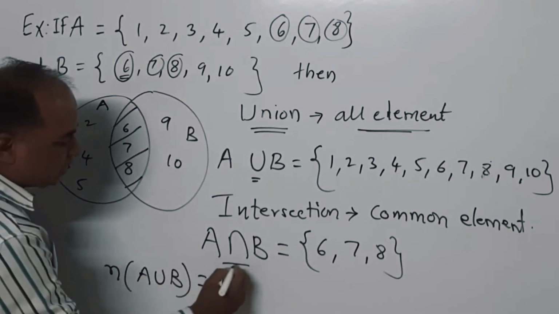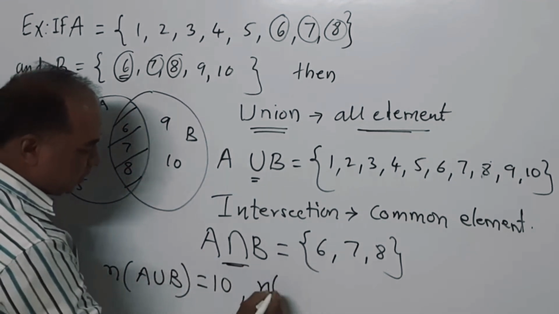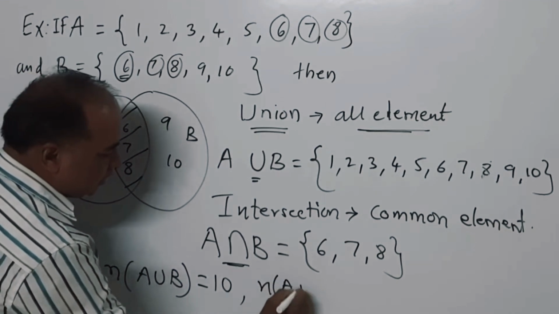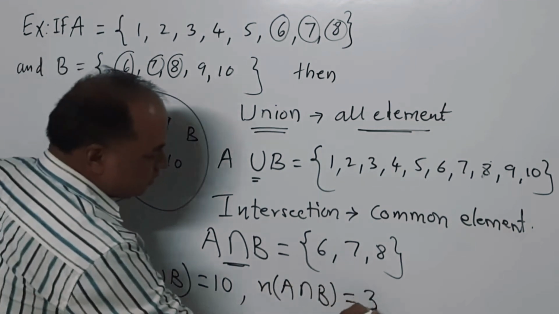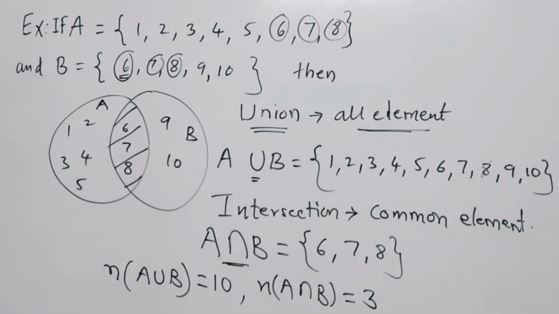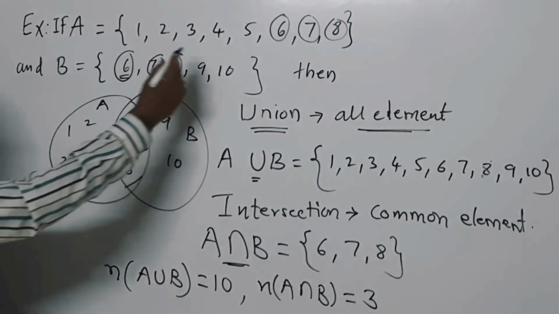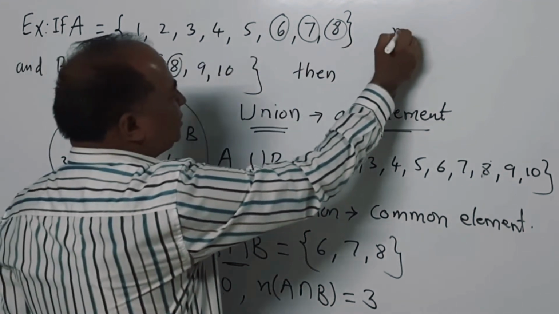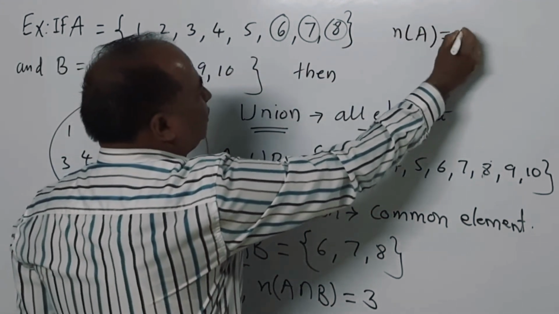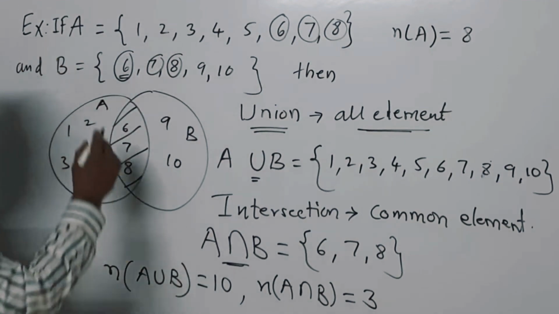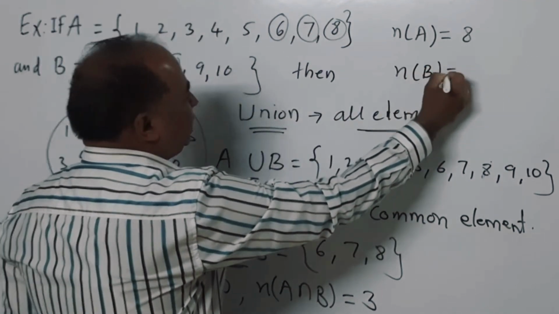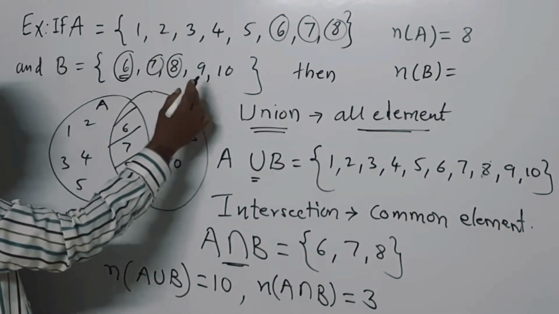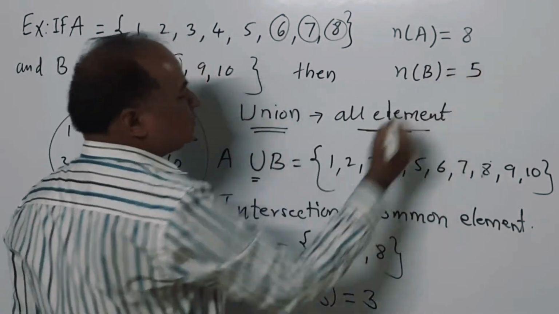The number of elements in A intersection B is 3. The number of elements in A is written as n(A), which is equal to 8, and the number of elements in set B is written as n(B), which is equal to 5 elements.